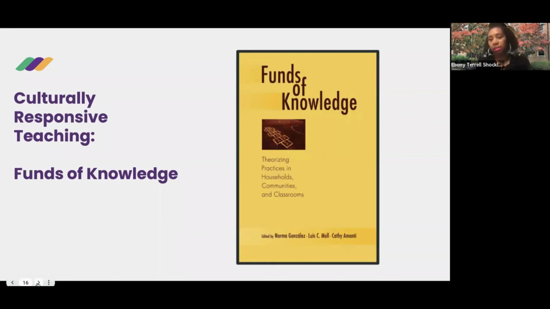Finding out, well, what are those misconceptions in science or in STEM in general? And then how are you going to help students reason their way to a right answer, considering their funds of knowledge, considering those bridges, and how can those be assets? How can we see those as assets and not deficits? Okay, so this is funds of knowledge.